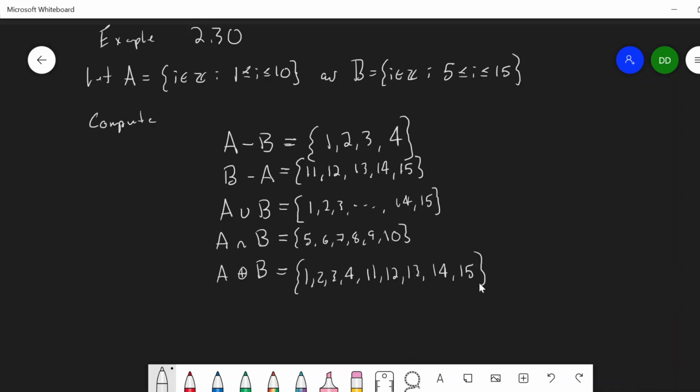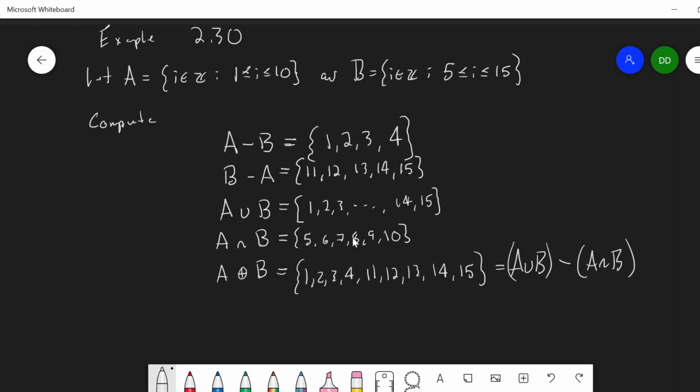That would be the symmetric difference of A and B. Now notice, as I said before, that this is the same thing as A union B minus A intersect B. And so here we can see that explicitly. I take A union B and I just remove all of the elements that are common to both A and B. And what am I left with? This set, which is the same thing as the symmetric difference.